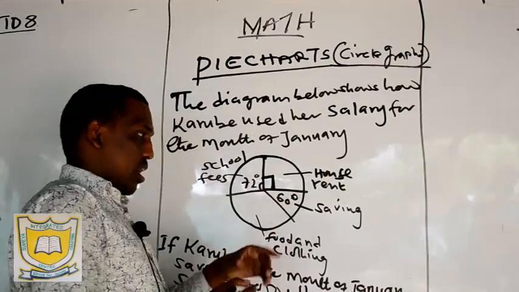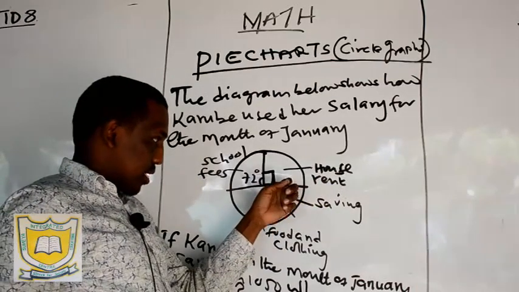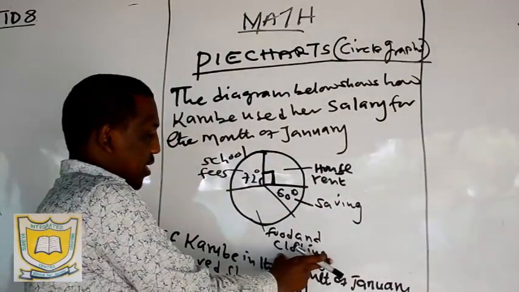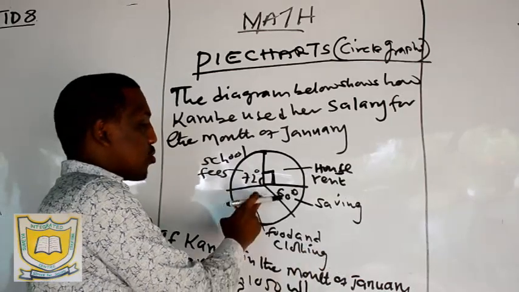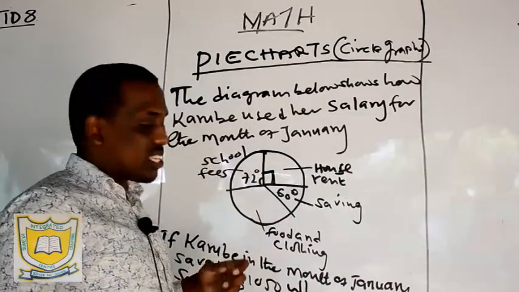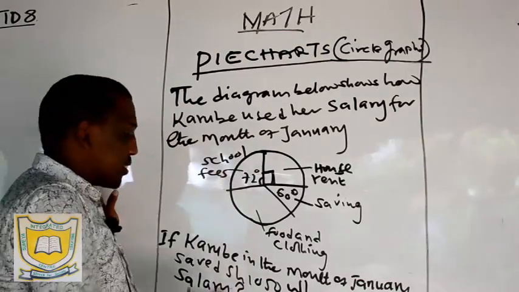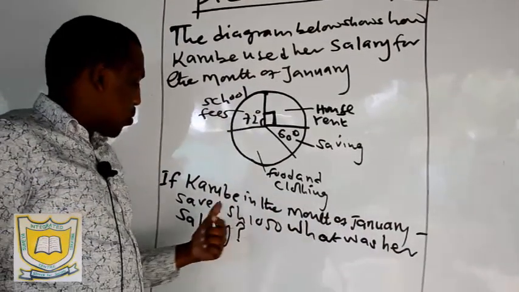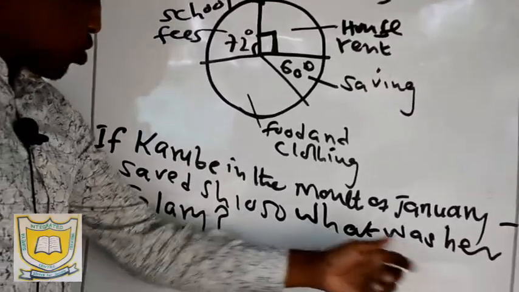House rent is 90 degrees. This is 60 degrees. Food and clothing, we don't know the degree. And school fees, we have 72 degrees. If Karube in the month of January saved shillings 1050, what was her salary?